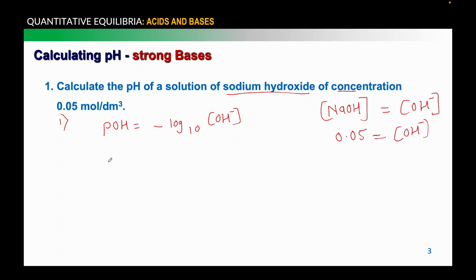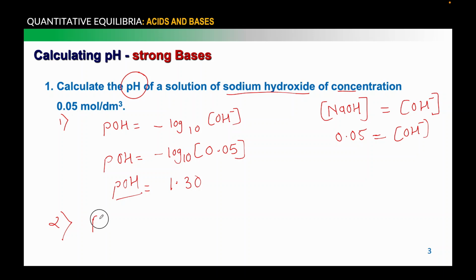So we put this value: pOH is equal to negative log 10 of 0.05. Now by using a calculator we can calculate. Students, take a pause and calculate. So its pOH is equal to 1.30. But we need to calculate pH. We do not have to stop at pOH. So here we will use the second formula, that is pH plus pOH is equal to 14.